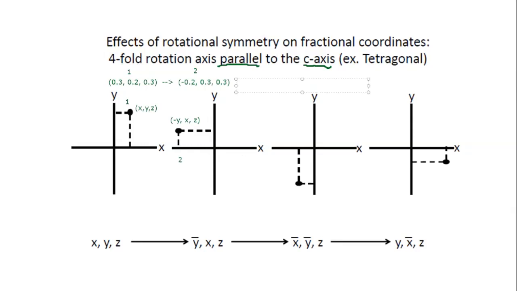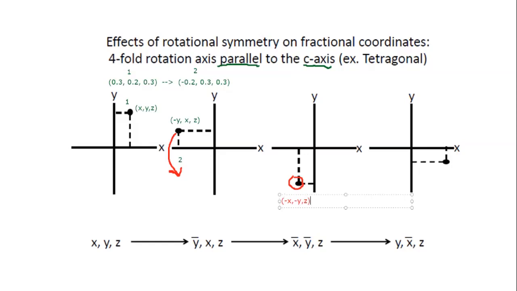Now if we take this coordinate and rotate it again 90 degrees counterclockwise, we're going to end up in the third quadrant, which is right here. Comparing this set of coordinates to the previous coordinates, now we get that the new set is negative x, negative y, z.